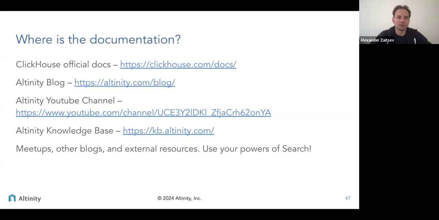Before then, check the ClickHouse documentation, which has a lot of insights on different settings and things. We often publish technical articles in the Altinity blog that are also focused on performance and have hints that can help you with optimization. Check the Altinity knowledge base.